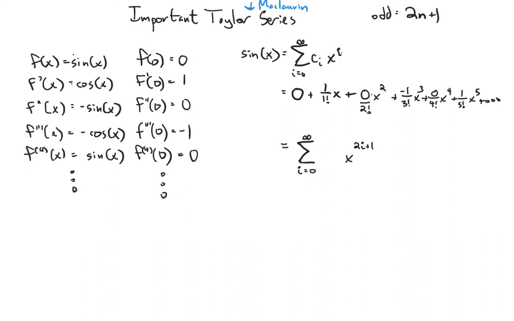And we know our denominator in this case is going to be the same as the power of the term. So we have 3 factorial here, 3 here, 5 factorial here, 5 here. Our degree is 2i plus 1, so this is going to be 2i plus 1 factorial, because we know they match. And now we just have to make sure that we alternate positive to negative.